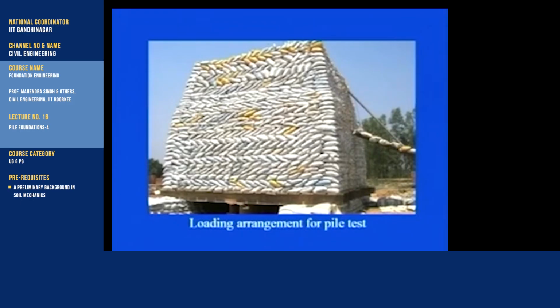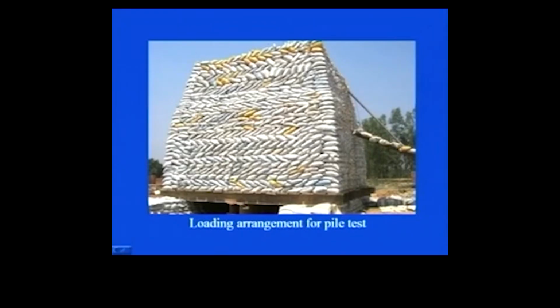So you see how important it is to have the proper arrangement, because even slight relative movement of these bags can cause a big accident. First, there should not be any relative movement of these bags.